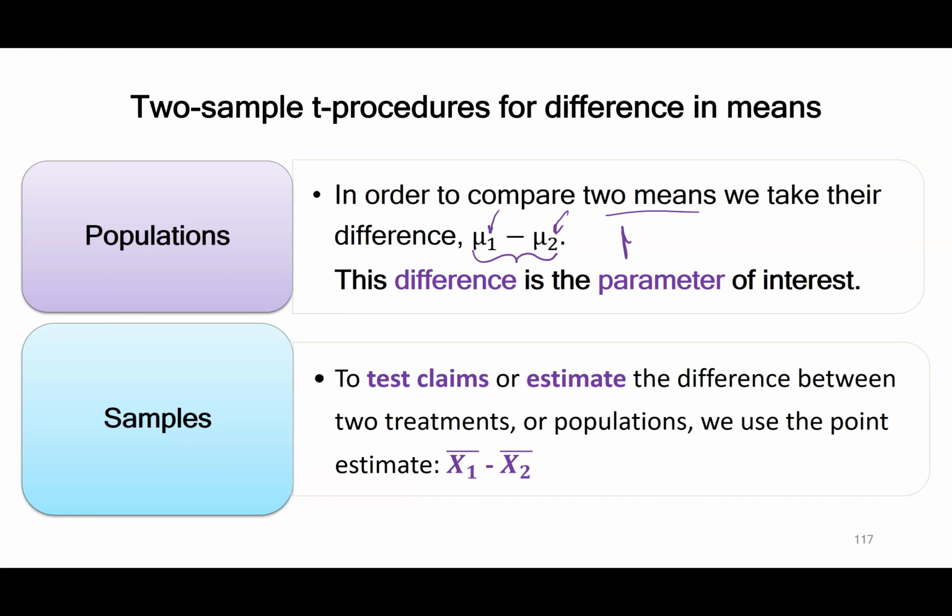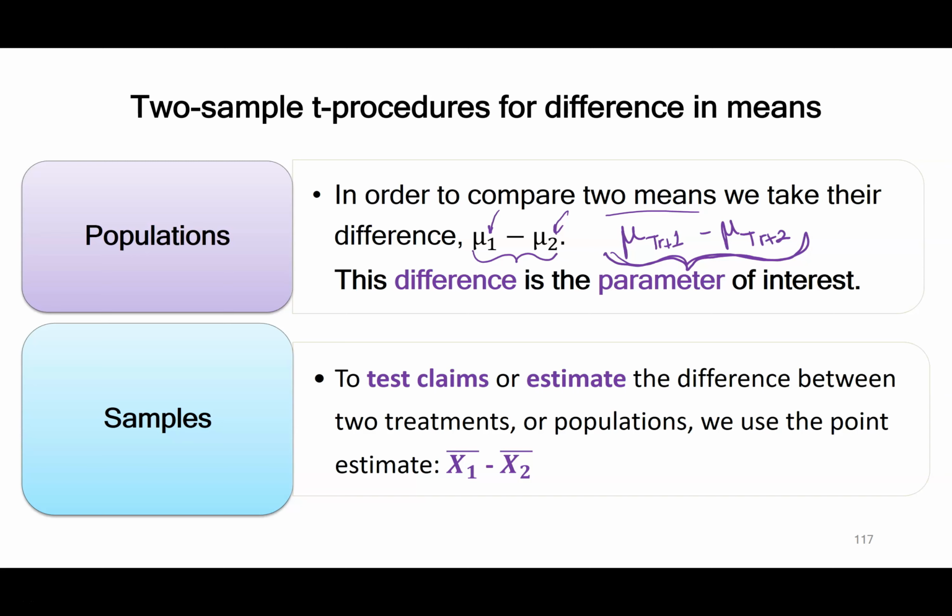So you could say, oh, mu of treatment 1 minus mu of treatment 2. You can write more than just 1 or 2 in there. And so the difference in the means, that's our parameter of interest. So even though there are 2 parameters in it, the entire thing itself is a parameter.